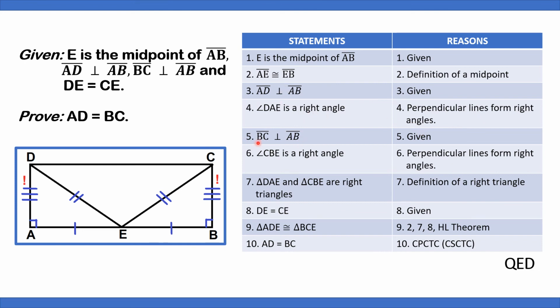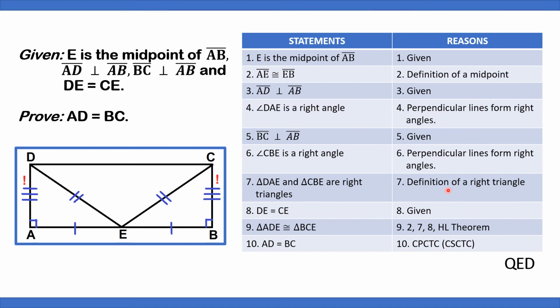Statement 5, line segment BC is perpendicular to line segment AB, given. And statement 6, angle CBE is a right angle because perpendicular lines form right angles. So, statement number 7 is the consequence of the previous statements. Triangle DAE and triangle CBE are right triangles by definition of a right triangle.